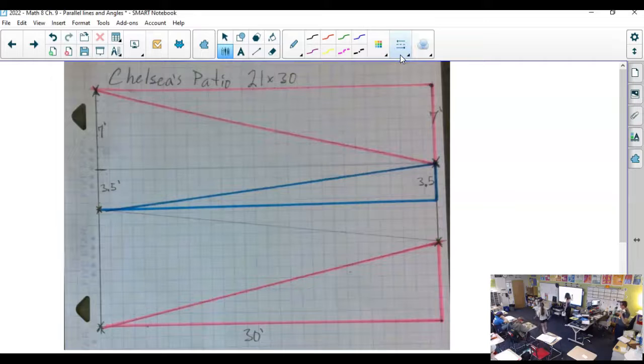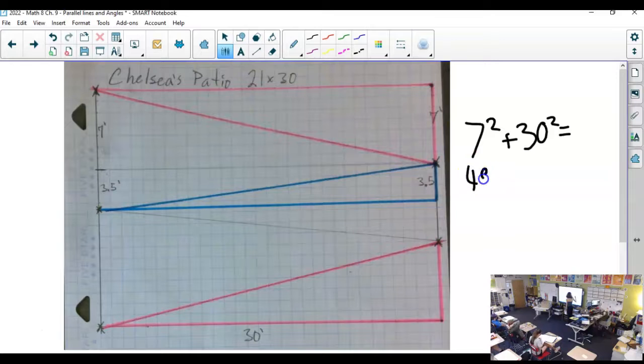So basically, we know that it is 7 right here and 30 right here. So to find this one, we need to do 7 squared plus 30 squared. I memorized it: 30 squared is 900 and 7 squared is 49.